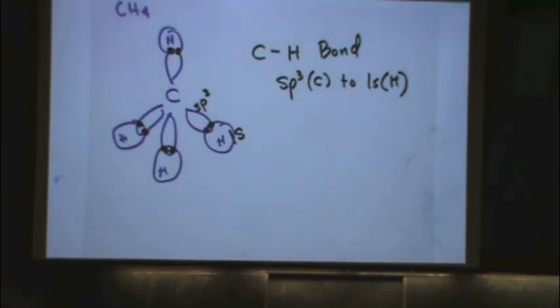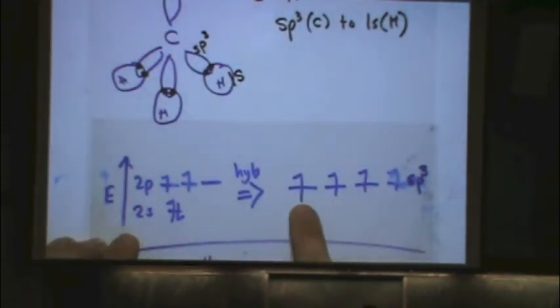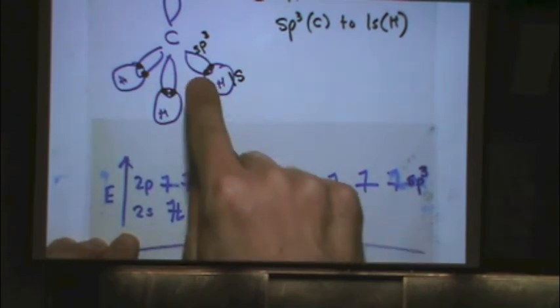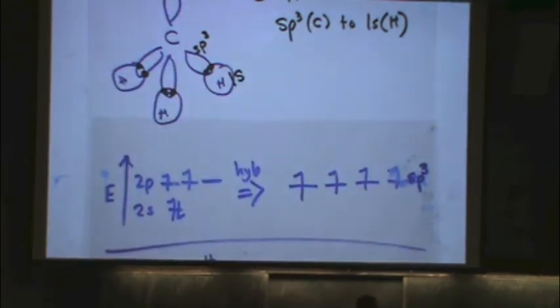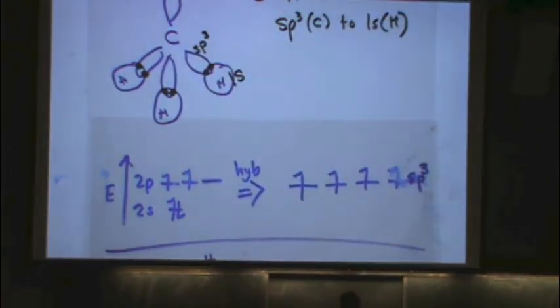And if you go back a little bit in the notes to here, here's the sp3 hybridized orbitals. Notice there's 1 electron in each orbital, and that's why I put 1 electron in each sp3 hybridized orbital. Okay, second thing we can say about this, what kind of bond? All 4 of these are what kind of bond?